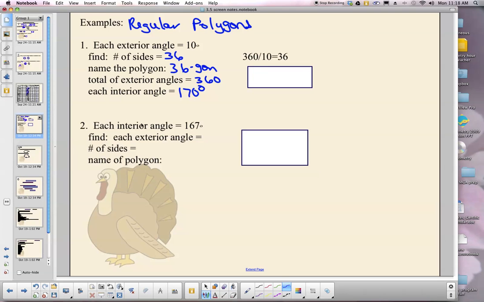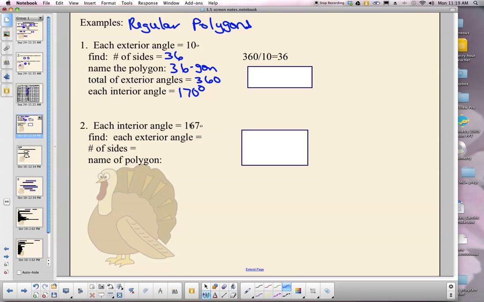Another example, what if I give you that the interior angles are 167 degrees? Well, going from the exterior angles to the interior angles, which one is easier to use? Well, exterior angles, especially if you don't know how many sides the polygon has, because you know the exterior angles still have to add up to 360 regardless of how many sides it has.